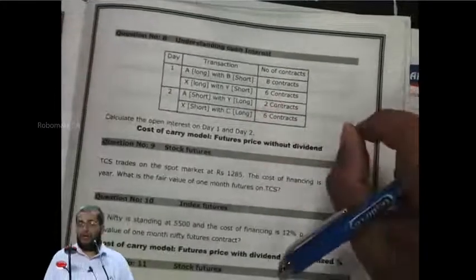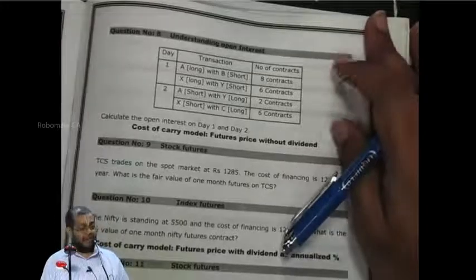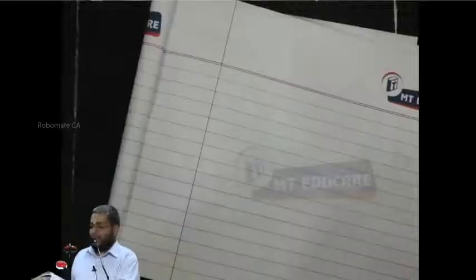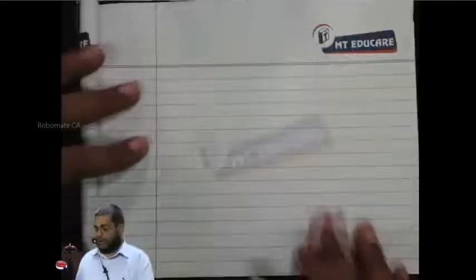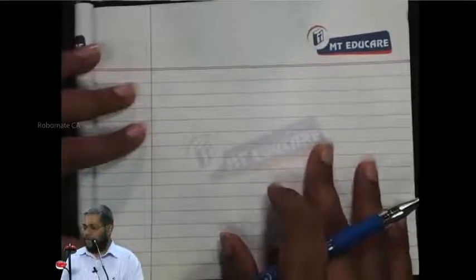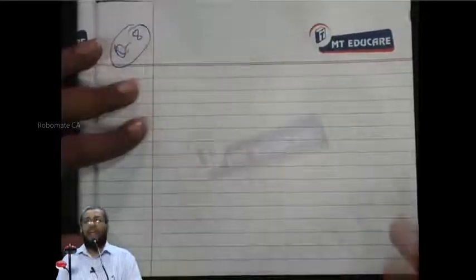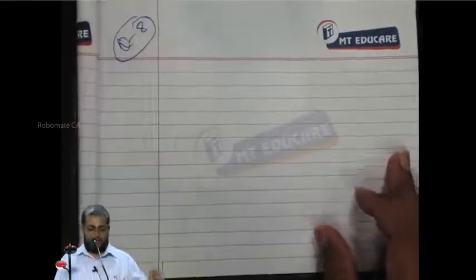That's a small problem to understand how the open interest gets created or diluted. Can you start doing it together? Now, write down question number 5. Give the heading: concept of open interest. Question number A. Concept of open interest.